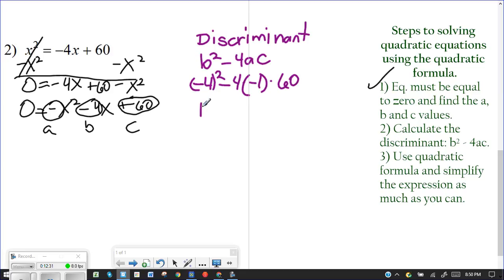Negative times negative will give you a 16. Now let's worry about the sign first. A negative times a negative will give me a positive, and a positive times a positive will give me a positive. 4 times 1 is 4. 4 times 16 is 64. 16 plus 64 is 80.